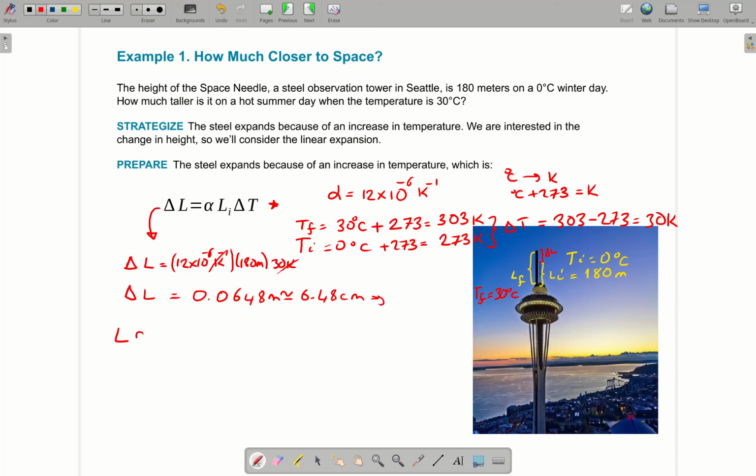What is the L final? This is an expansion. I got a plus delta L here, an increase, so I'll say initial plus that. It will be 180 plus this much. How much is that? Let me quickly do that here.